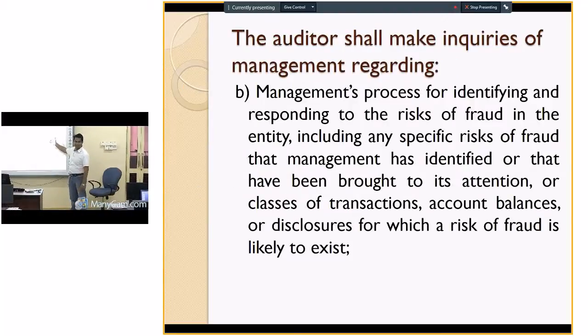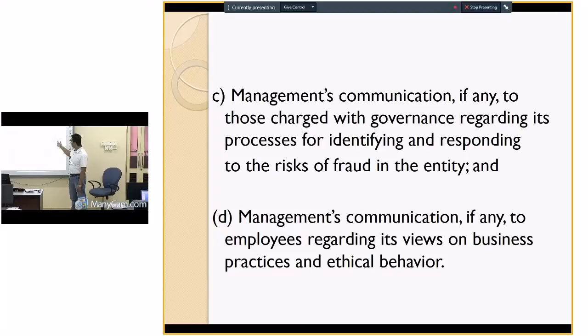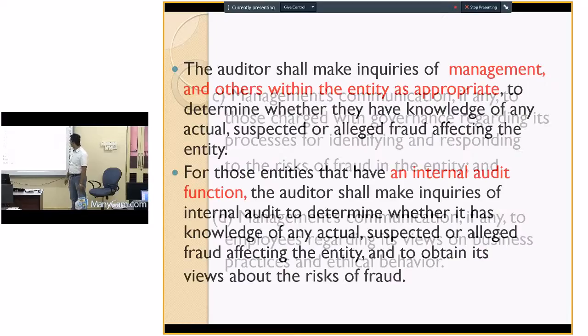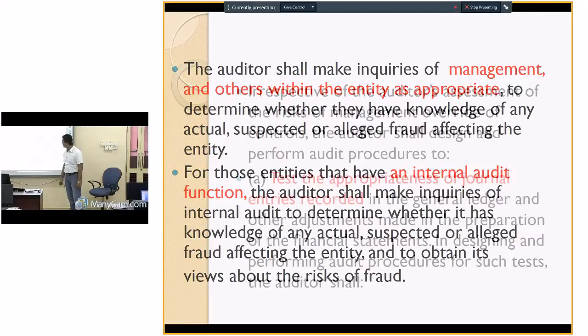As I discussed, the management process of identifying and responding to the risk of frauds, management's communication on frauds, communication with employees and all that, and regarding the internal audit function, what they are supposed to do in detecting and preventing frauds.